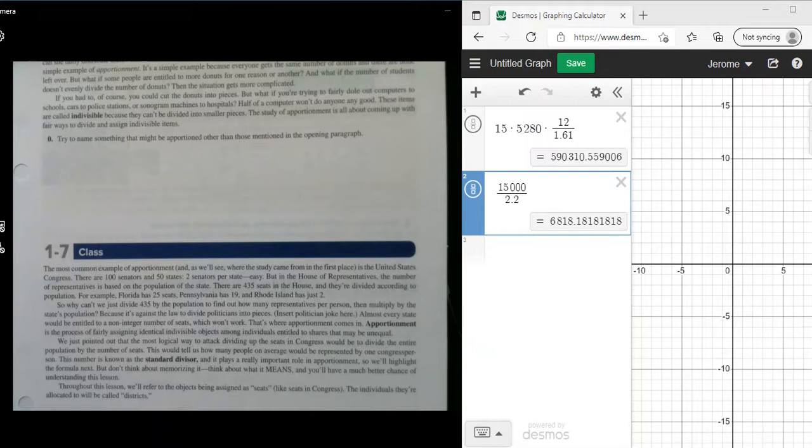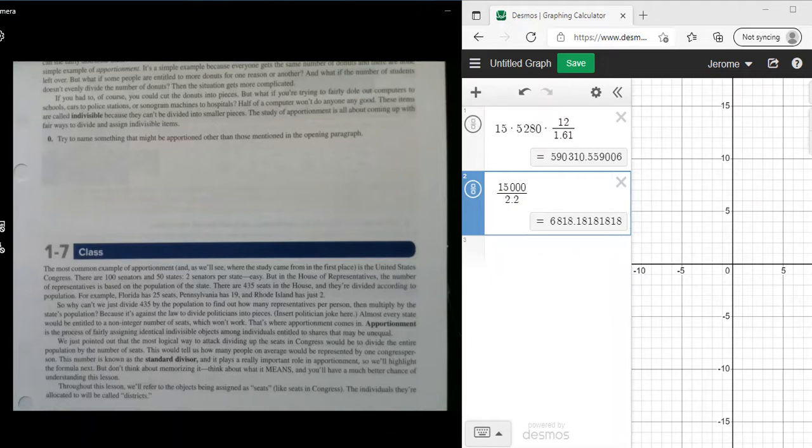Apportionment is the process of fairly assigning identical indivisible objects among individuals entitled to shares that may be unequal. We just pointed out that the most logical way to attack dividing up the seats in Congress would be to divide the entire population by the number of seats. This would tell us how many people on average would be represented by one congressperson.